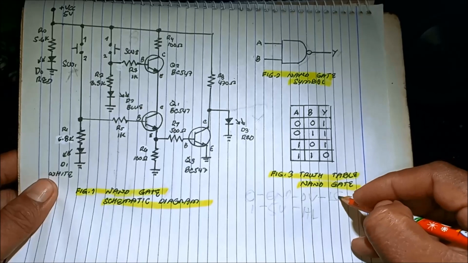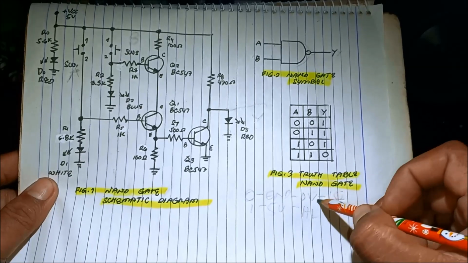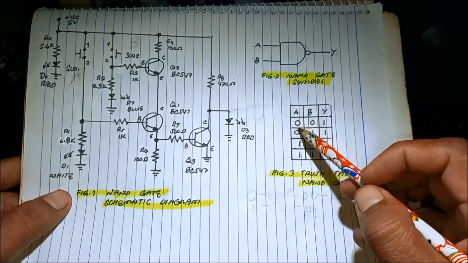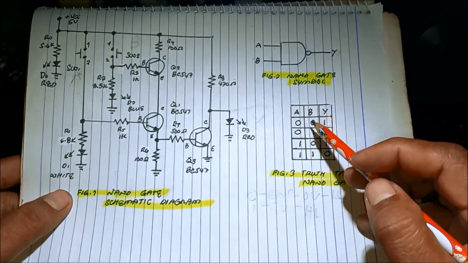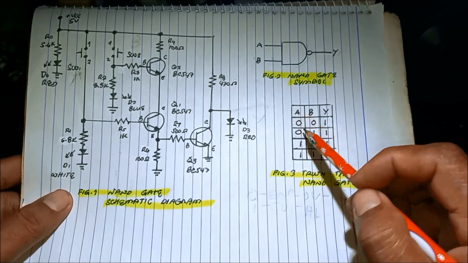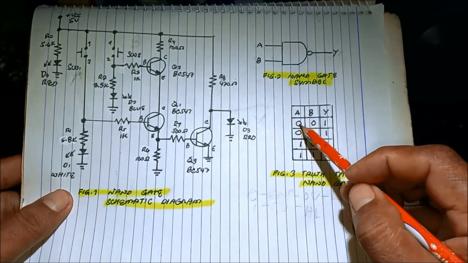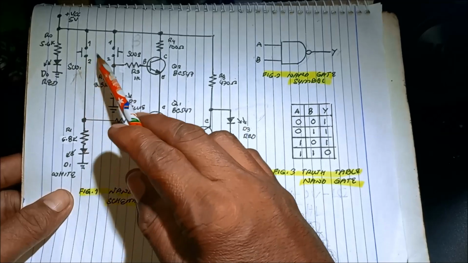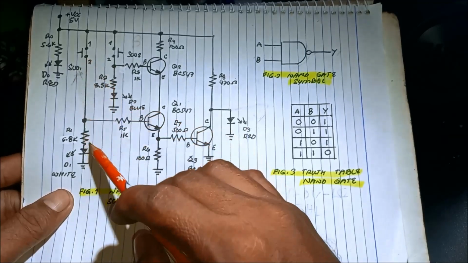Low level, that is a 0. So if we did not press the switch, it means it has a logic level of 0 volts. If we are not pressing the switch, it is grounded.